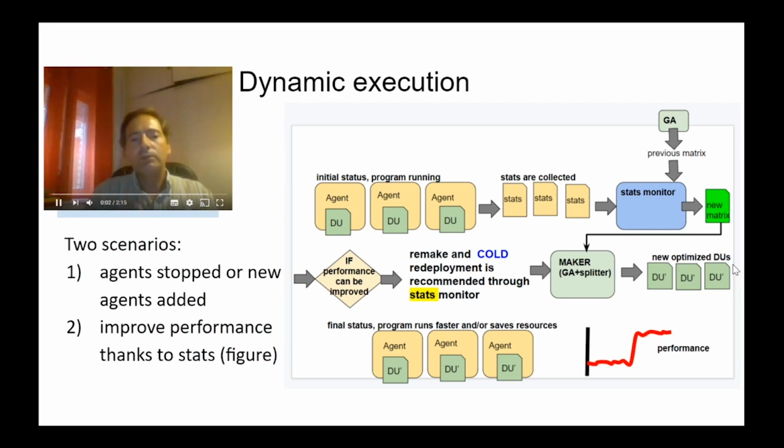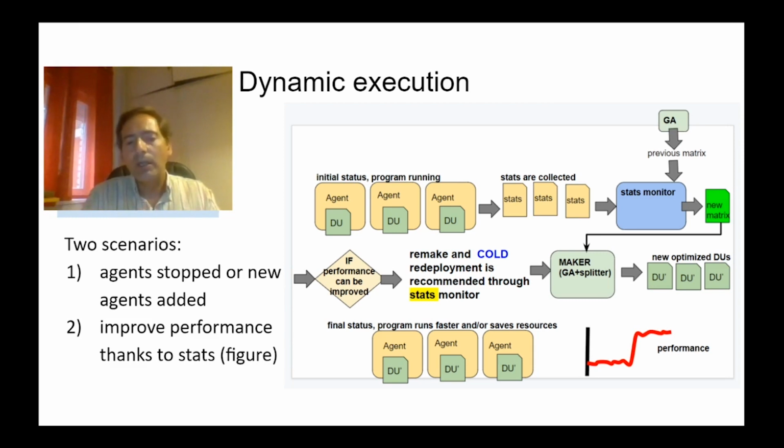Dynamic execution takes into account two scenarios. The first one is when agents stop or new agents are added to the infrastructure. In that case, Cloudbook assigns new tasks to the new agents because the deployer has a surveillance mode. So it takes into account that new agents are added in order to assign new tasks, new deployable units, to these new agents.